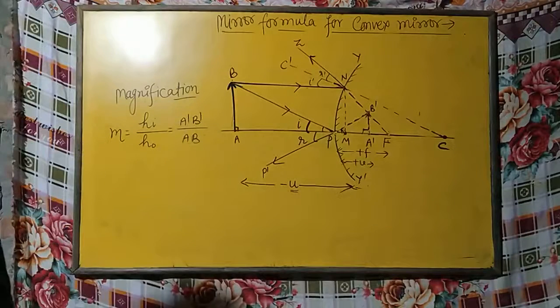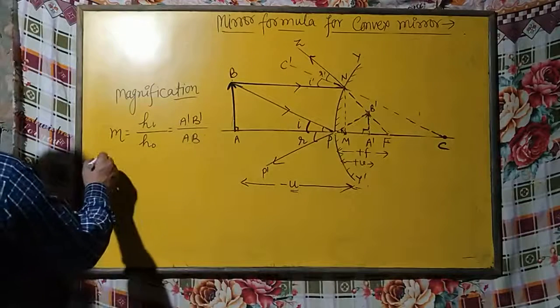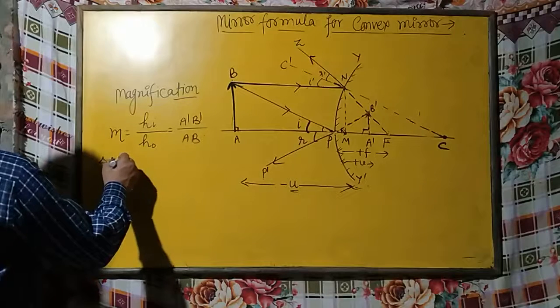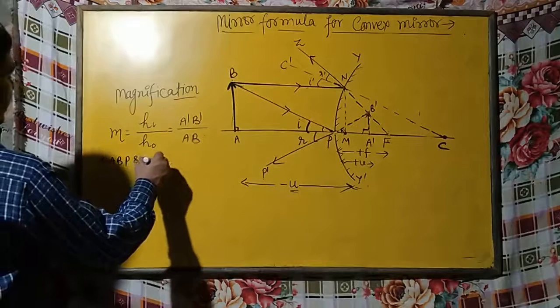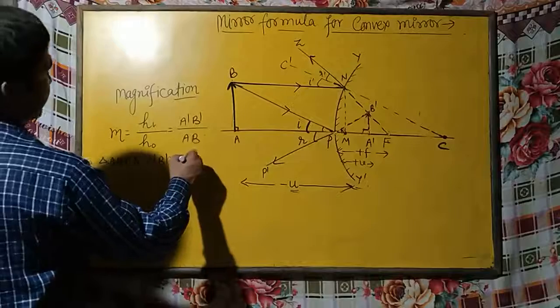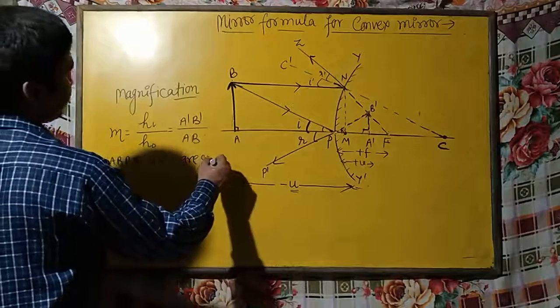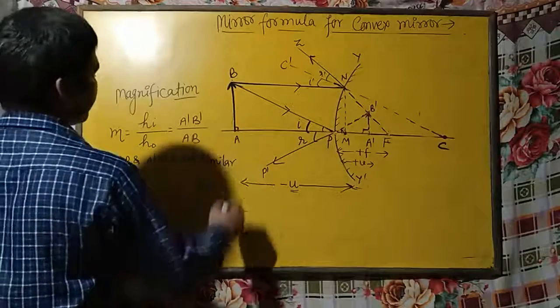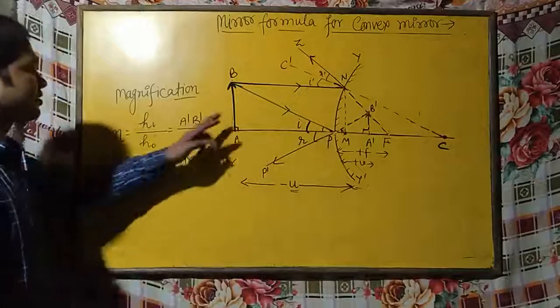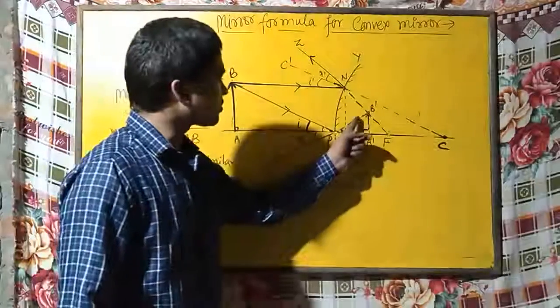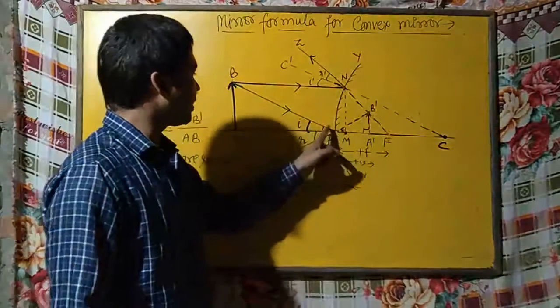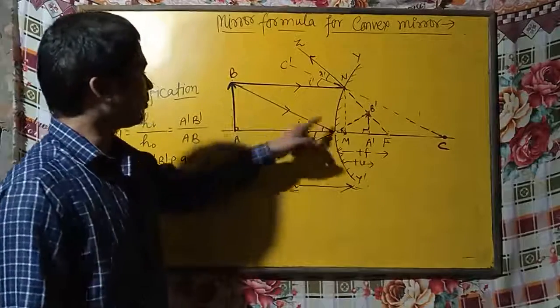So you can use the triangle a dash b dash p. Triangle ABP and a dash b dash p are similar. If these two triangles are similar in this diagram, this one is a dash b dash p and ABP.